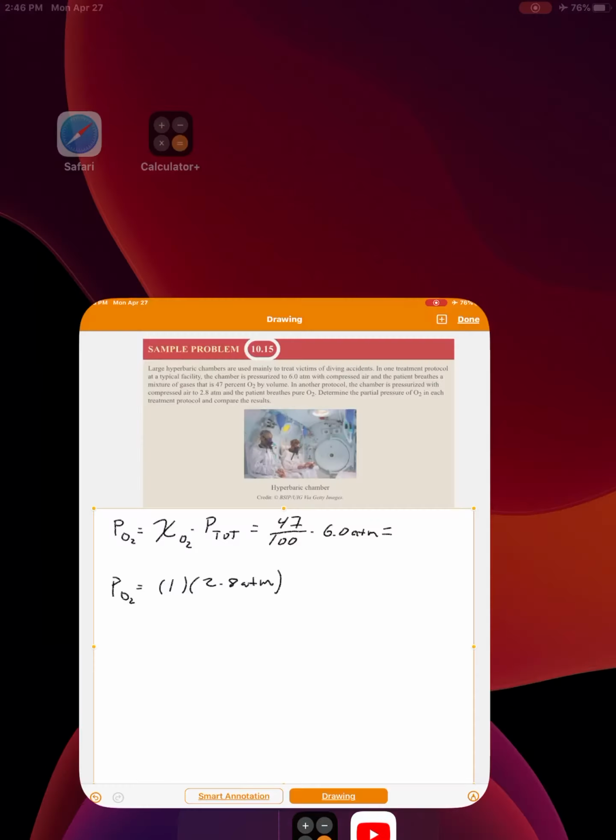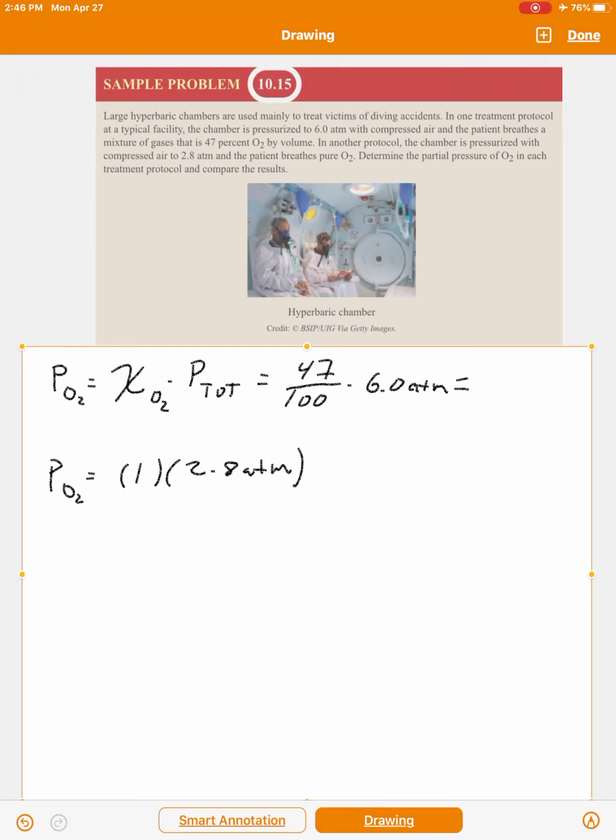So it looks like it's about the same, right? So there you go. It turns out the comparison shows that in both cases, the partial pressure is about the same. It's about 2.8 atmospheres.